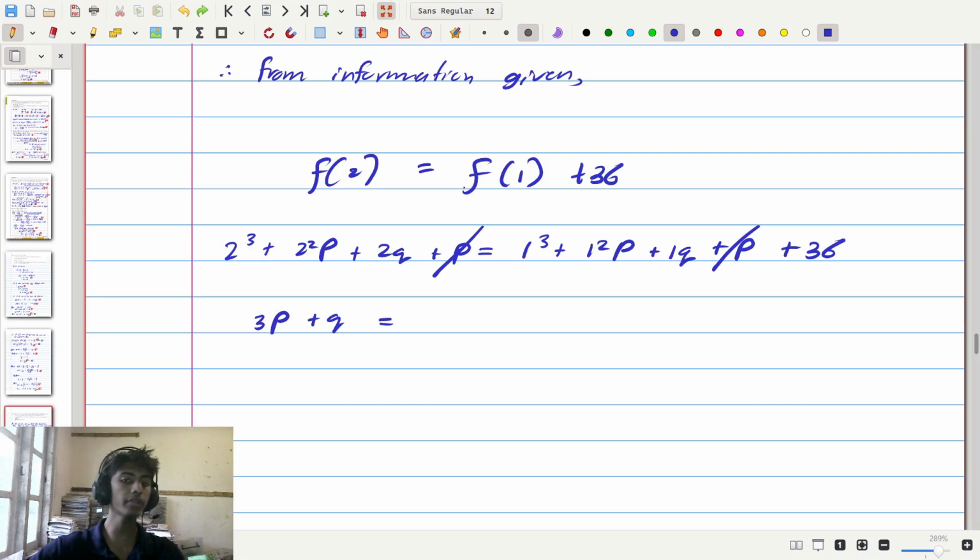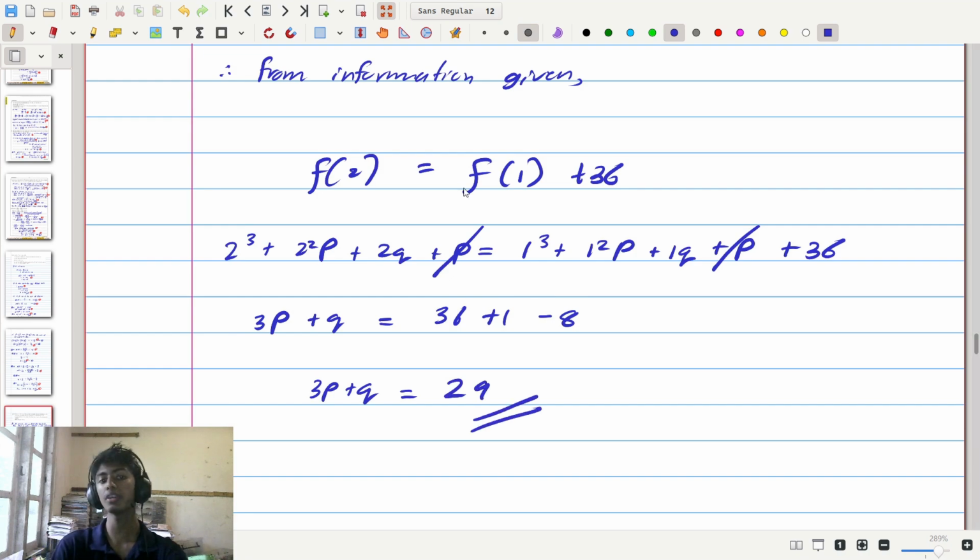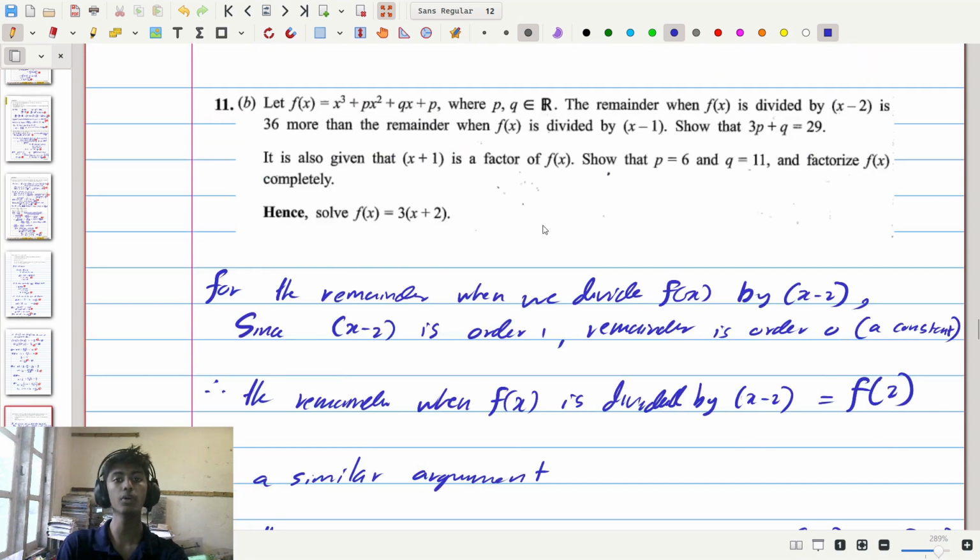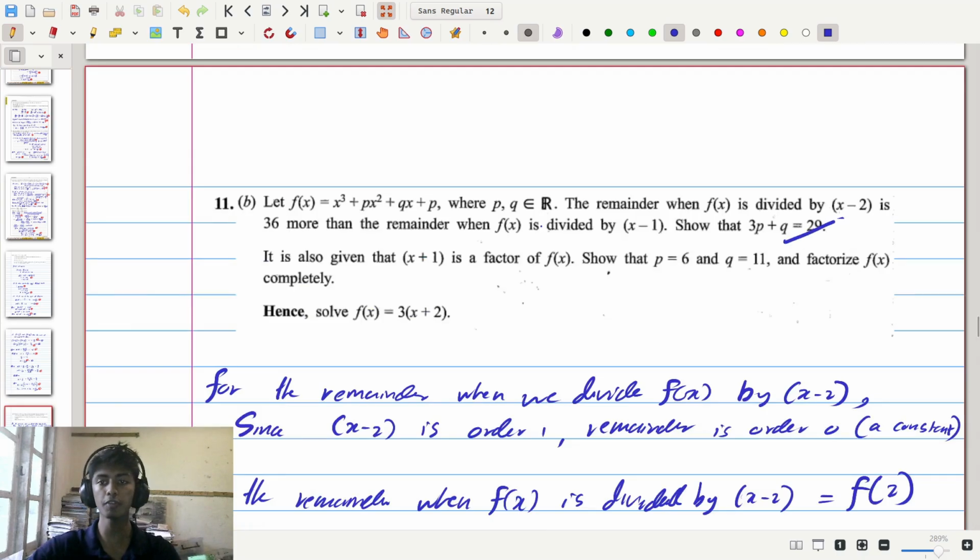Taking that 8 to the other side, we get 36 plus 1 minus 8, so 3p plus q equals 37 minus 8, which is 29. And therefore we get our equation 3p plus q equal to 29. With that, we've solved the first part of the question.